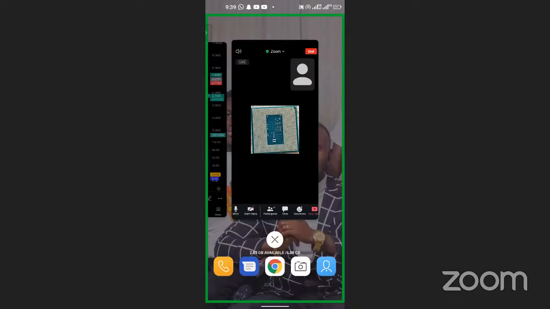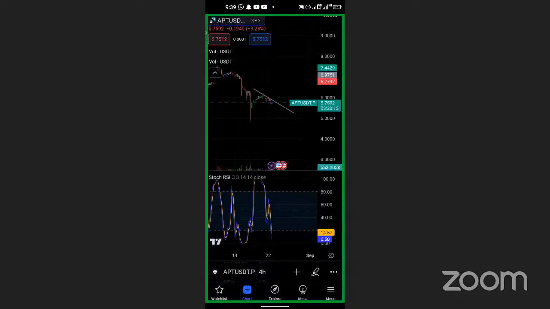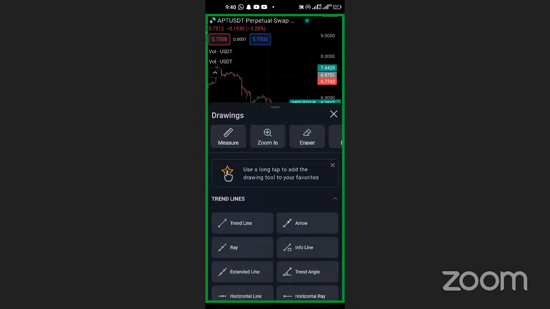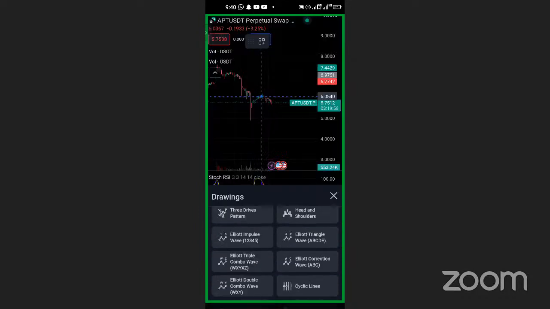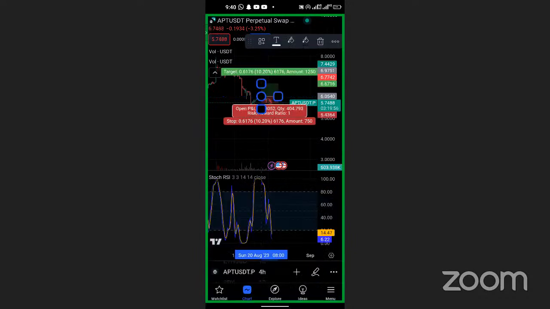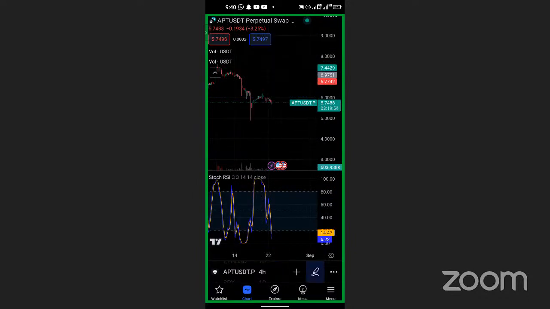So let's say you have come to take a trade now. You've seen that it's currently getting to the oversold position. You come there and take your Fibonacci retracement tool.